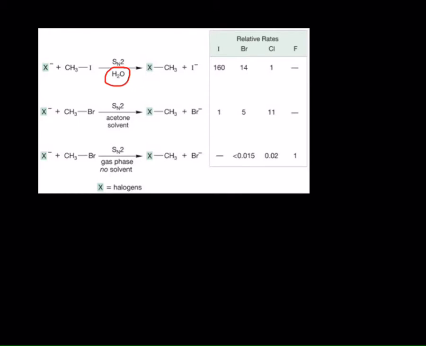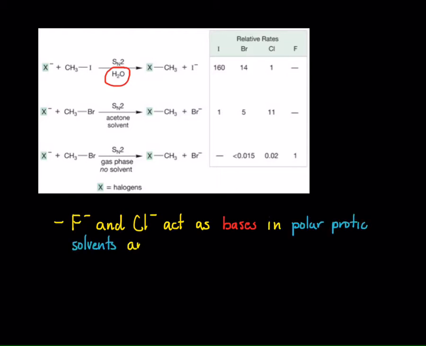So it's important to understand the solvent effect. Well, water is a very polar protic solvent. So fluoride and chloride are strong bases relative to bromide and iodide. And in polar protic solvents, they act as a base to the solvent.